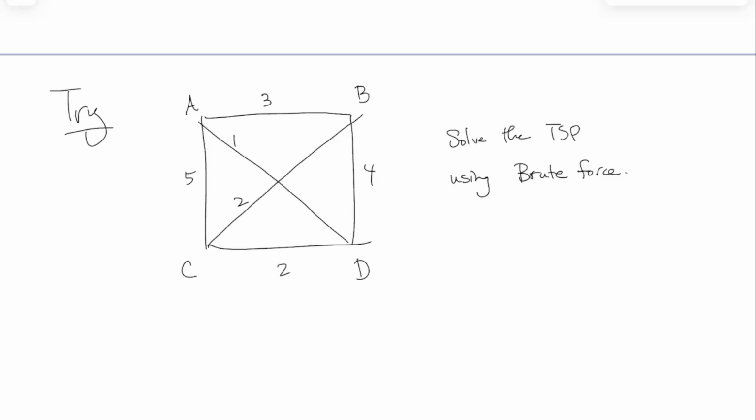You should make a big list of all the possible Hamilton circuits.